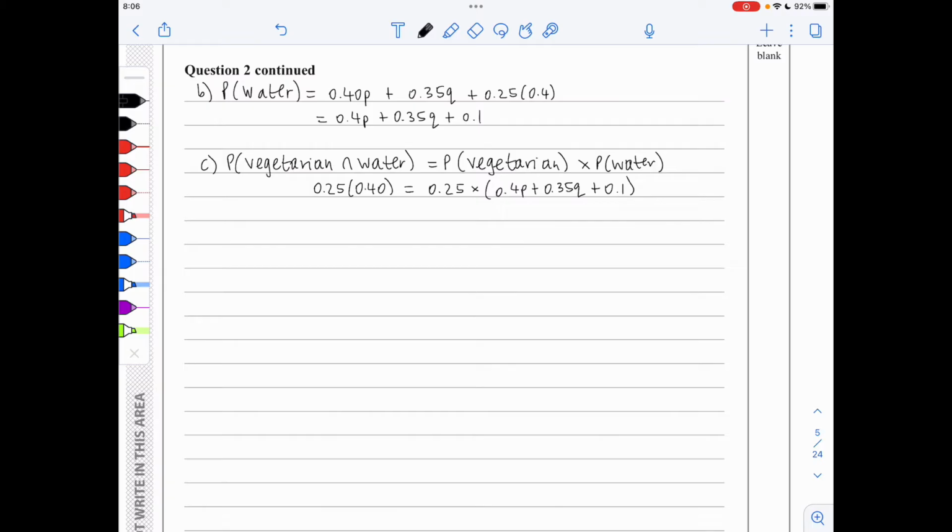This is what we obtain in part B above. Now the 0.25 cancels out, and I'm left with 0.4 is 0.4 P plus 0.35 Q plus 0.1, which leads to 0.3 is 0.4 P plus 0.35 Q.